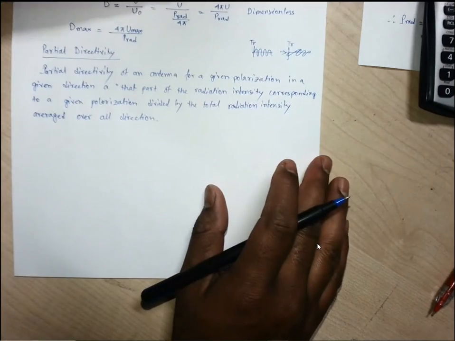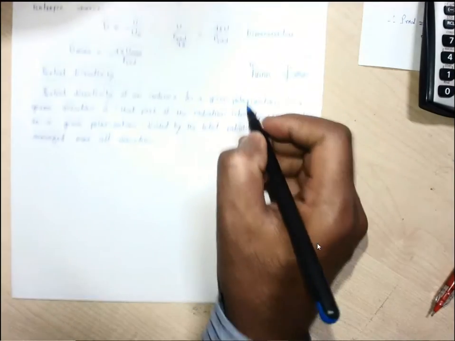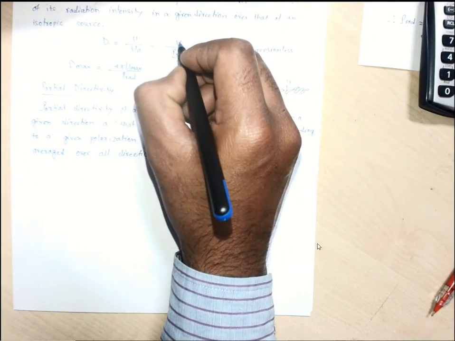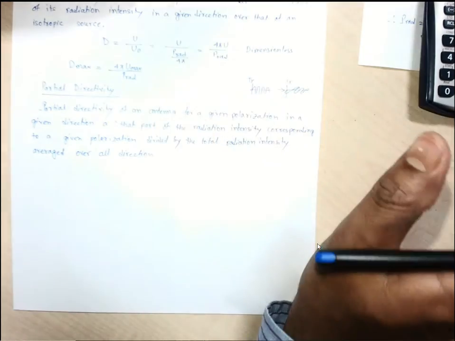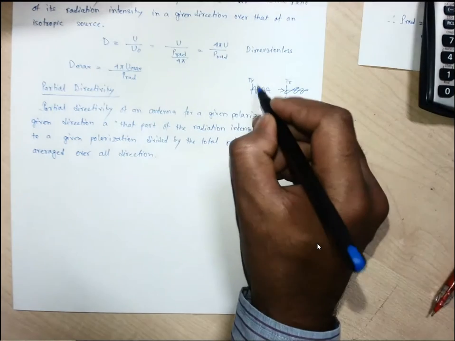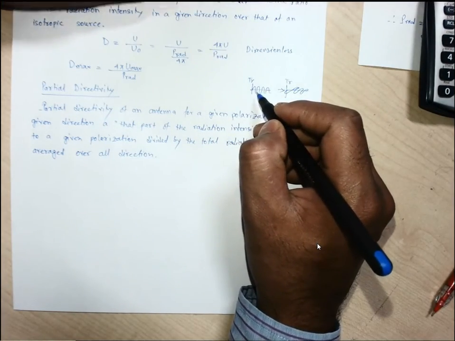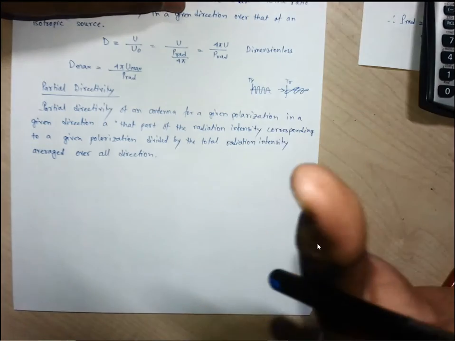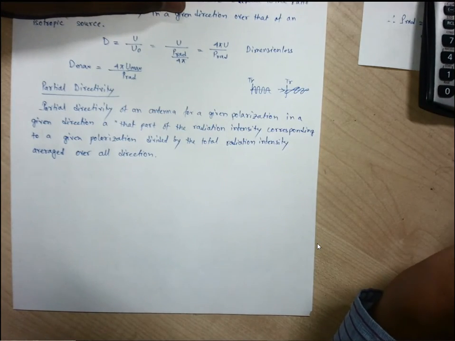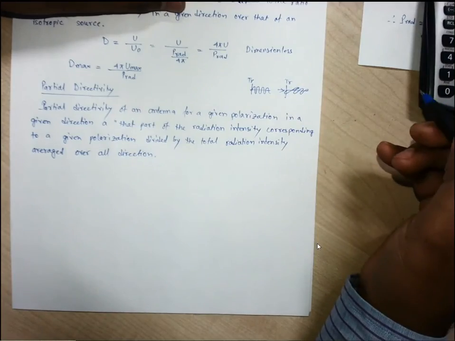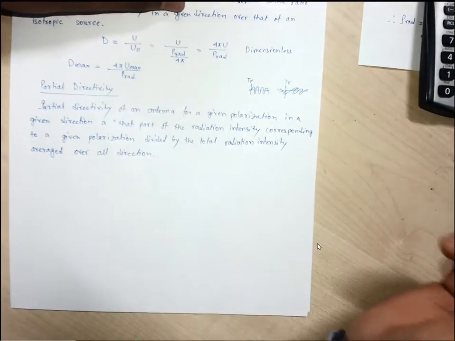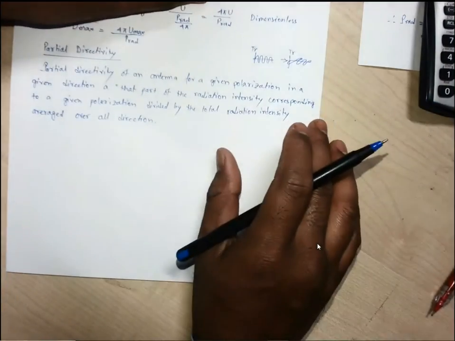That is, this radiation intensity will exist for a particular polarization. If the wave is vertically polarized, then this radiation intensity will be along, let us consider, the azimuthal direction. If it is horizontally polarized, this radiation intensity will be in the azimuthal direction.